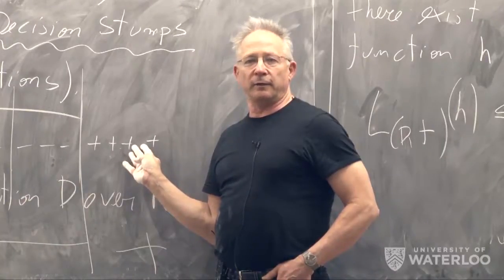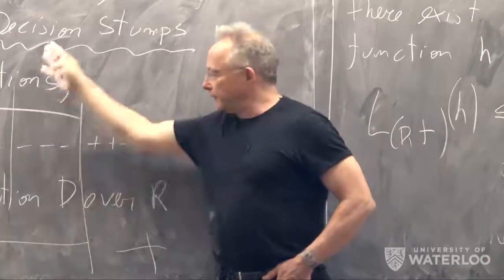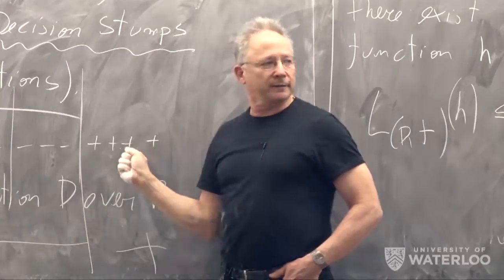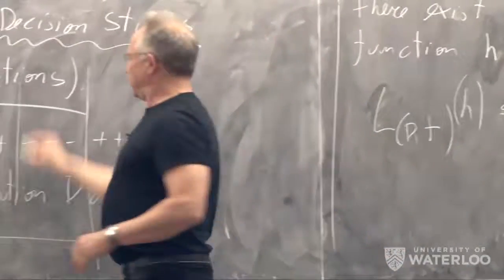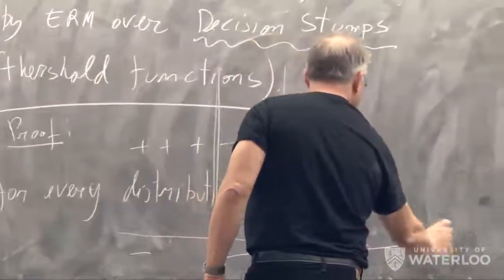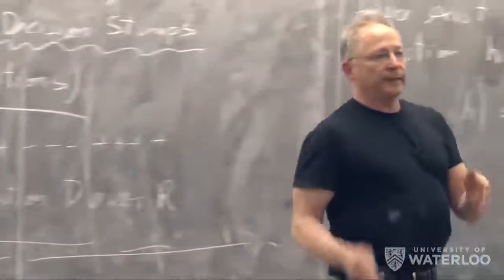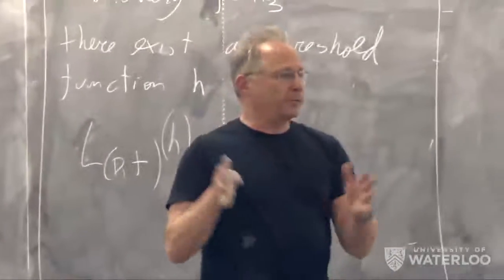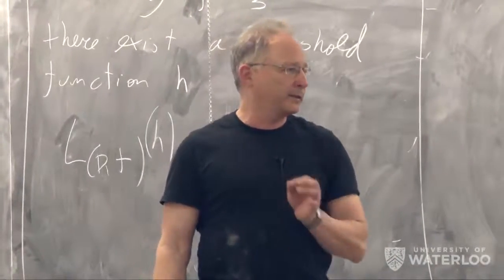If I want to err only on this side, how can I find a threshold function that errs only here? Put it at R1 and make this minus and this plus. Right. So for every piece of the 3 pieces, I have a threshold function that errs only on this piece.